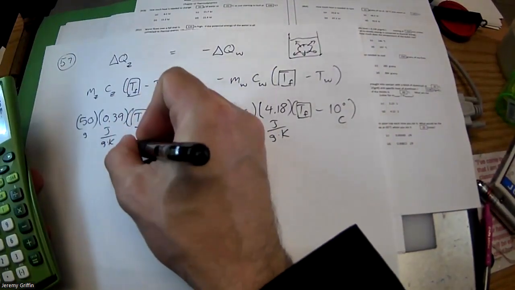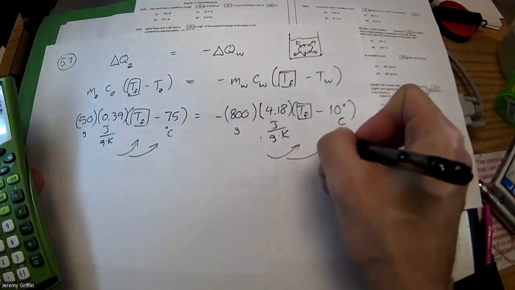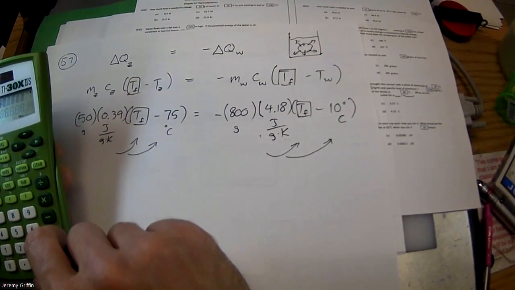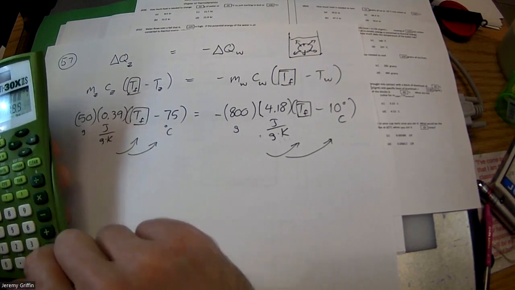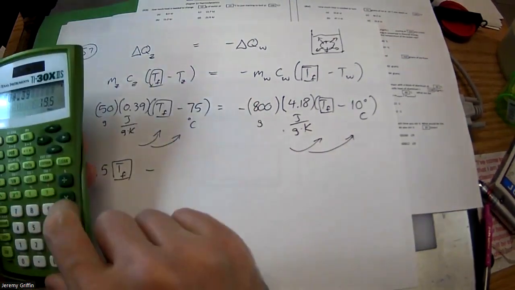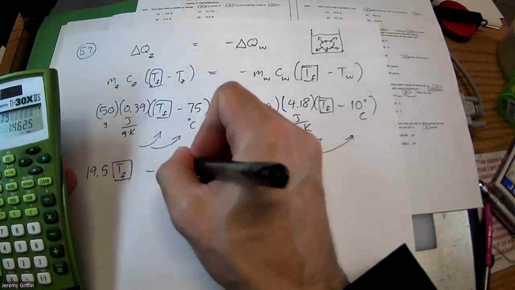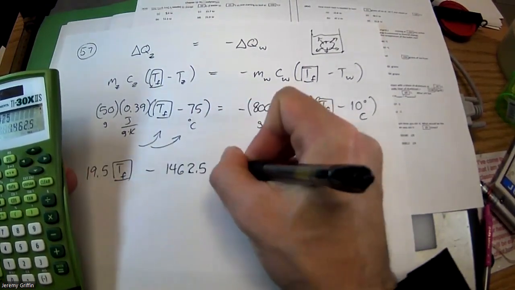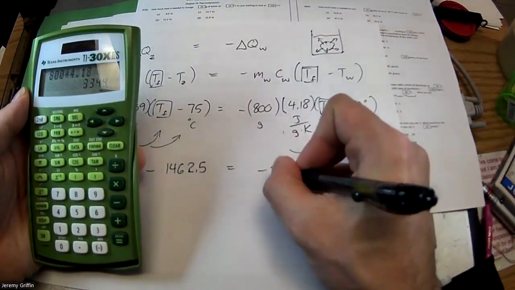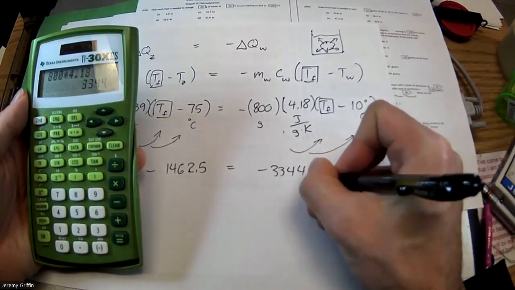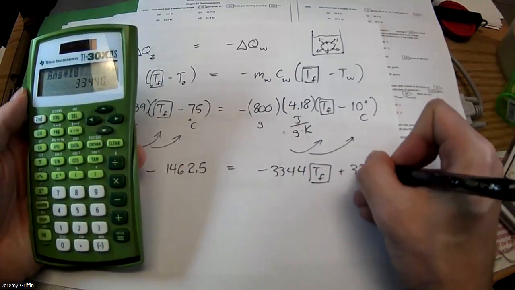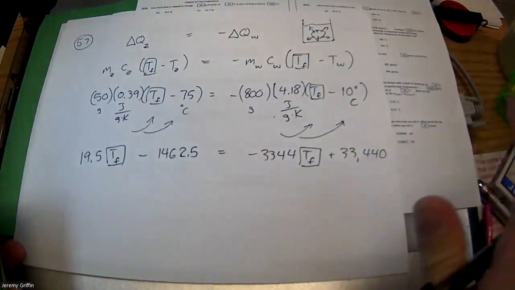50 here again, distribute. That's 0.39. So there's that: 19.5 TF minus 1462 is equal to negative 3344 TF plus 33,440 units, whatever these crazy units are.